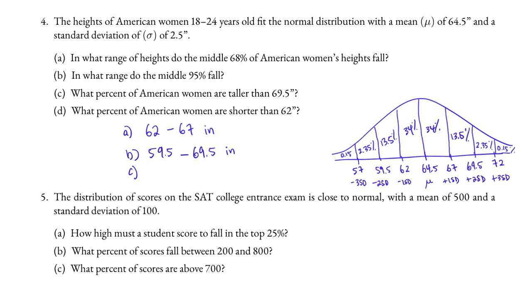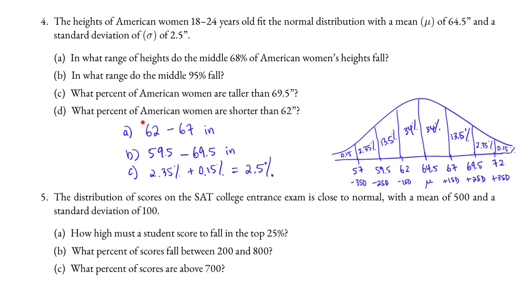To obtain all of the percentages on the right hand side of 69.5, which is more than 2 standard deviations away, we take 2.35% plus 0.15%, which gives us 2.5%. It is not enough to include 2.35%. We have to include both because both of these regions are on the right hand side of 69.5. The answer to C is 2.5%.